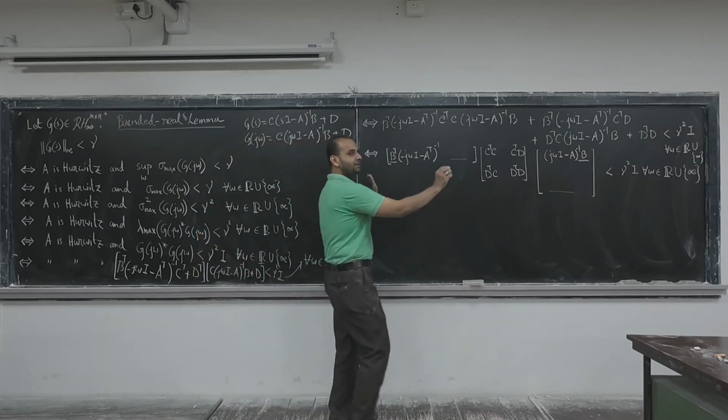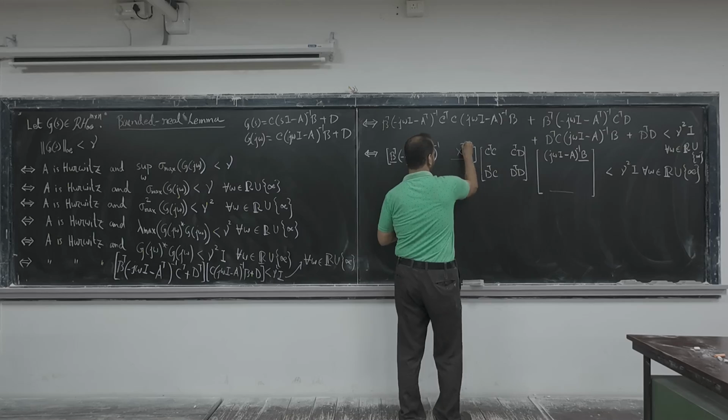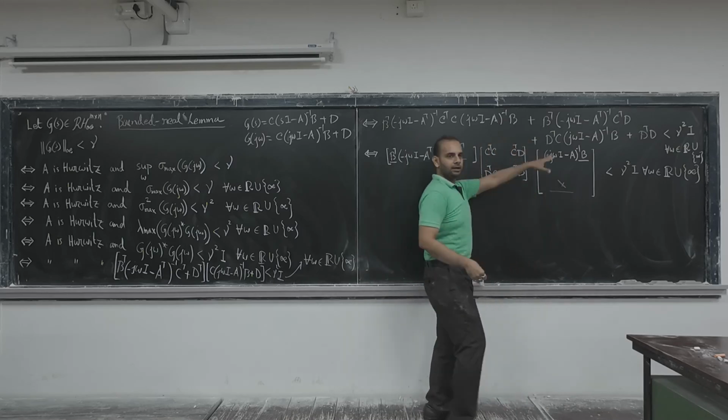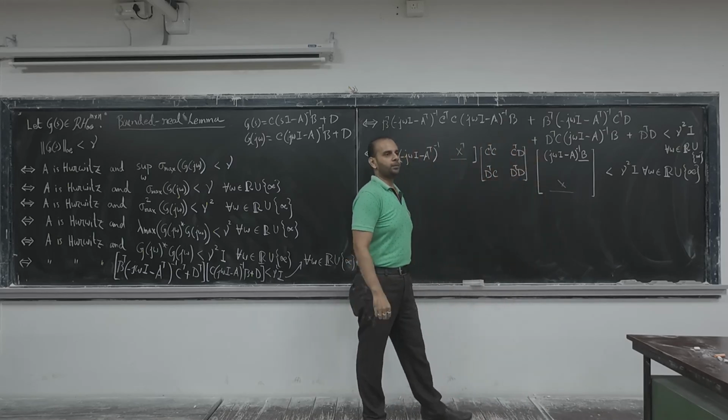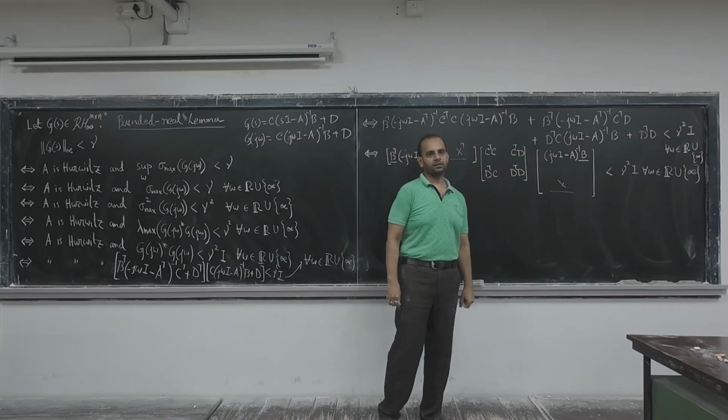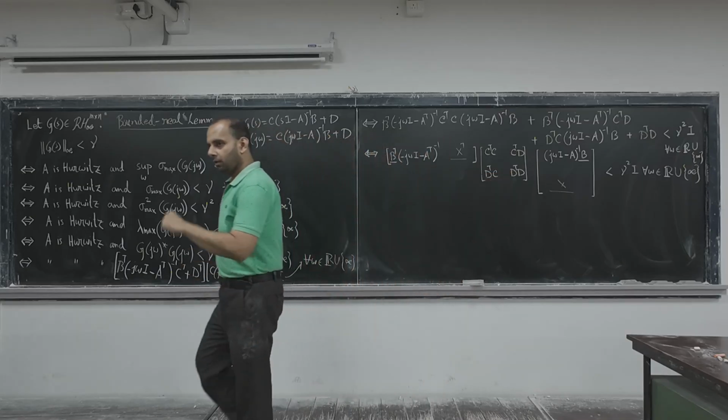Suppose simply this is an unknown matrix. Suppose this is X transpose and this is X. You find out this, complete this product, and then you tell me.